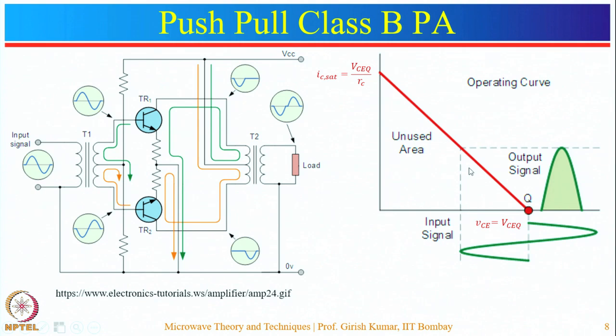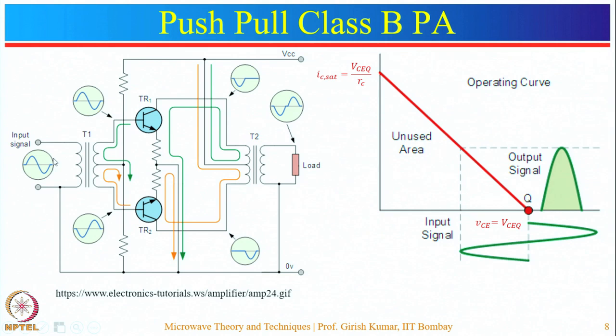This can be done using a special type of arrangement that is known as the push-pull connection. In push-pull connection, two transistors are used. So here is the push-pull arrangement of two transistors. The transistors are NPN transistors and these are common emitter configurations.